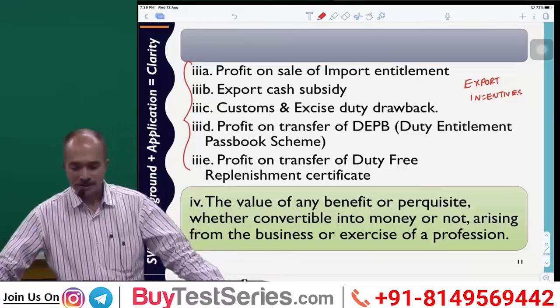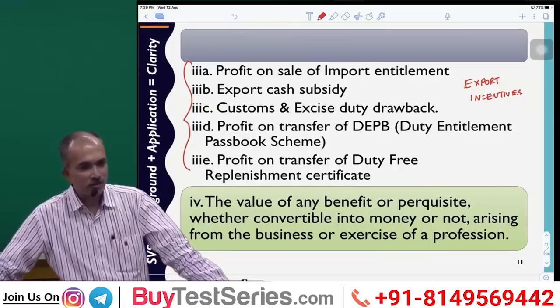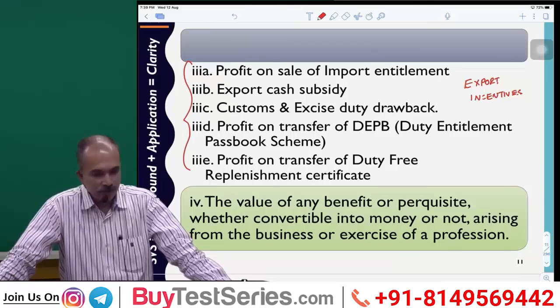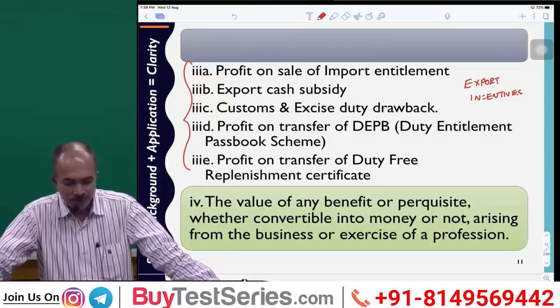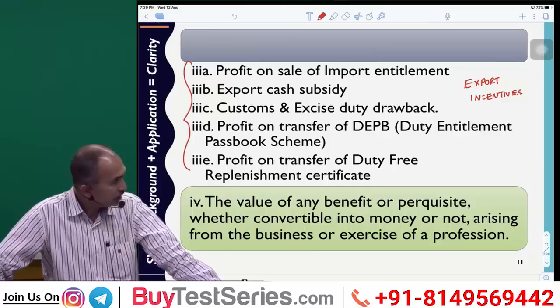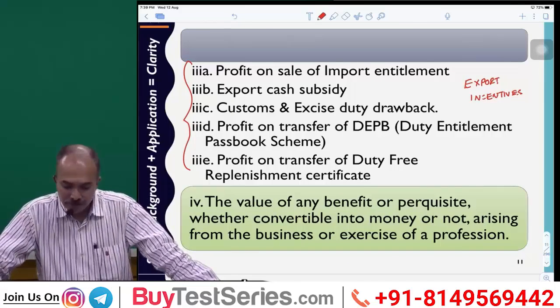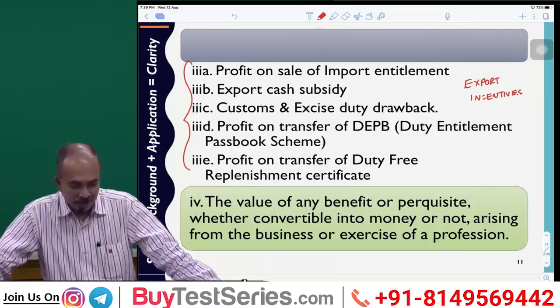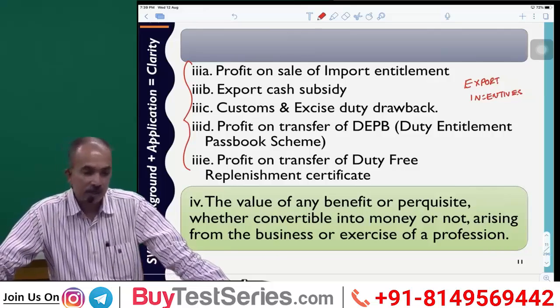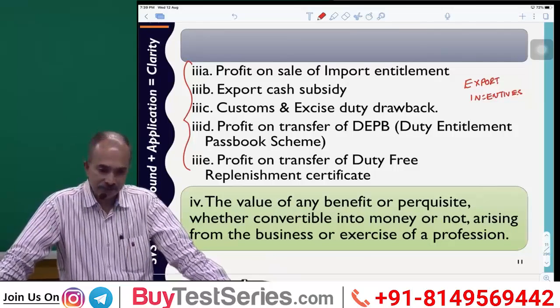But still, for simplicity, let us commonly call these what? Export incentives. Profit on sale of import entitlement, cash subsidy, excise and customs duty drawback, profit on sale of DPB, profit on transfer of DFRCs. All these are known as export incentives.